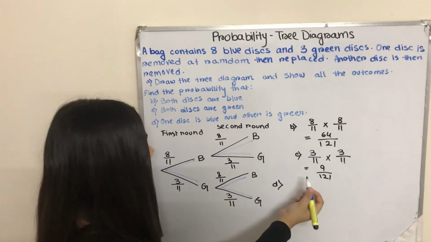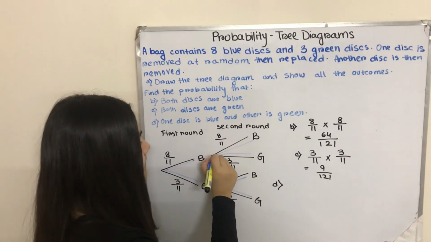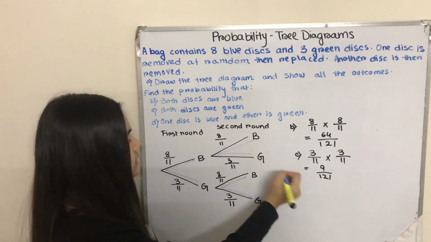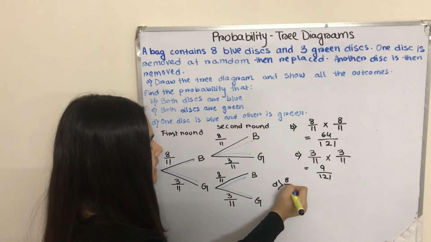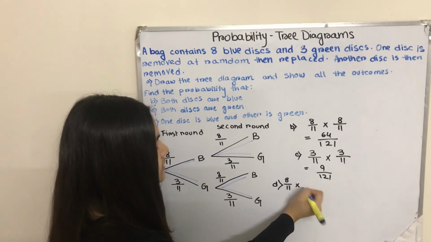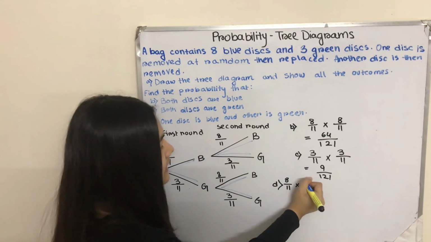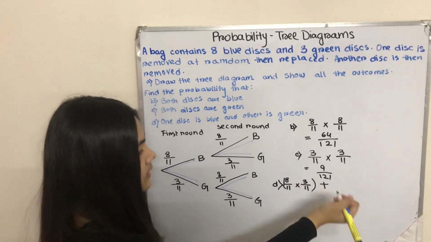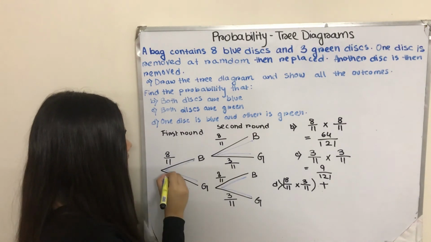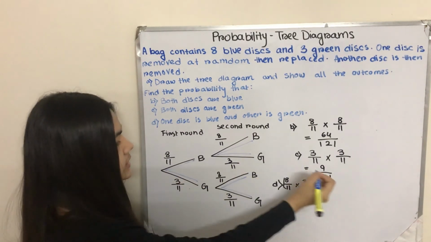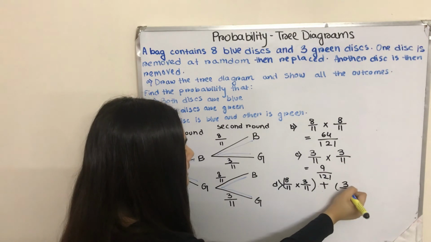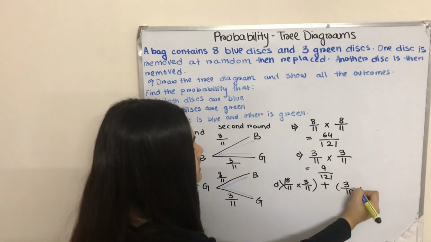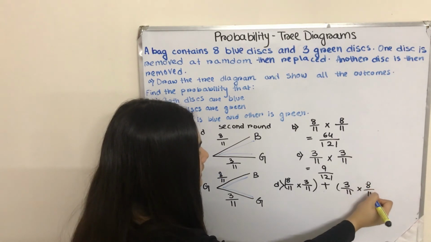The probability of the first is blue and green: the probability of getting blue in the first round is 8 by 11 and the probability of getting green is 3 by 11. Or the other option might be they got green in the first round, which is 3 by 11, and they got blue in the second round, which is 8 by 11.